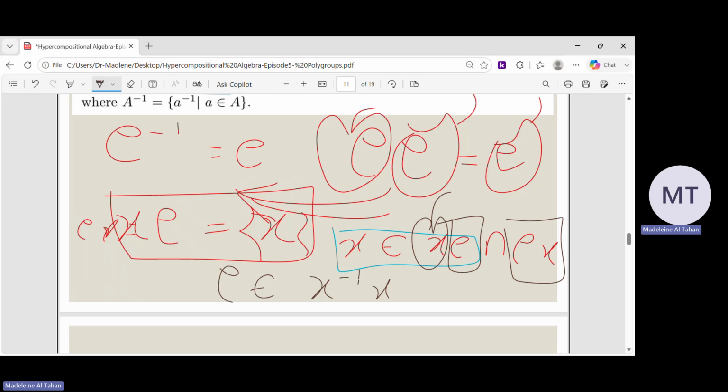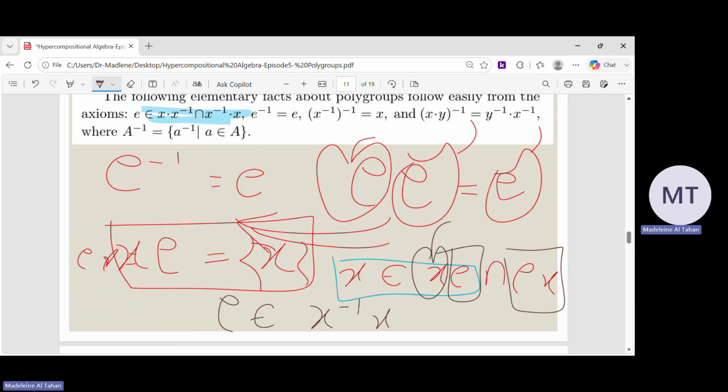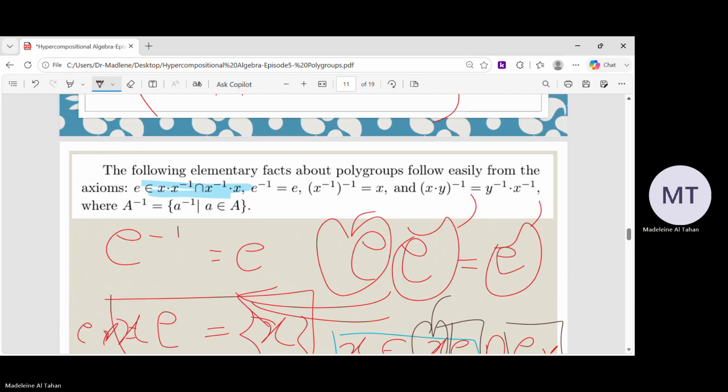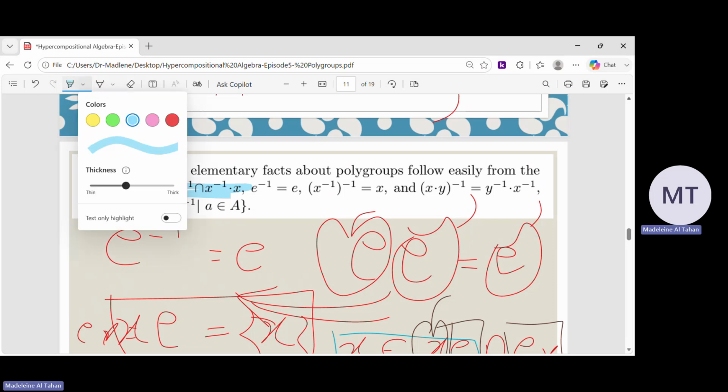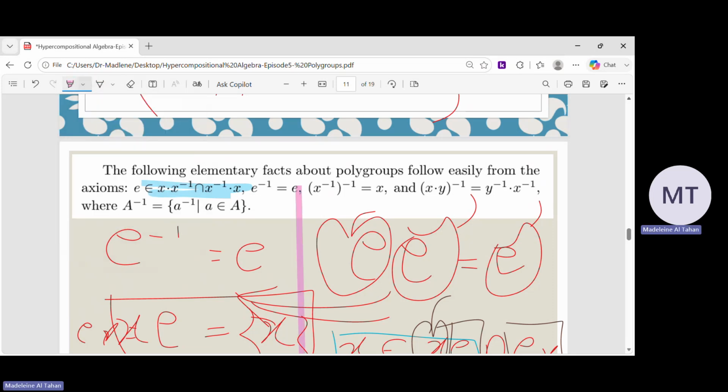In this way, E will belong to the intersection between them. I will leave these two properties. You can pause the video and try to prove them.